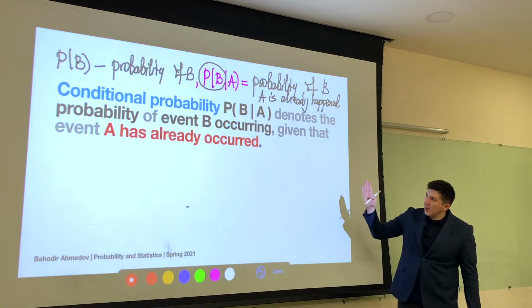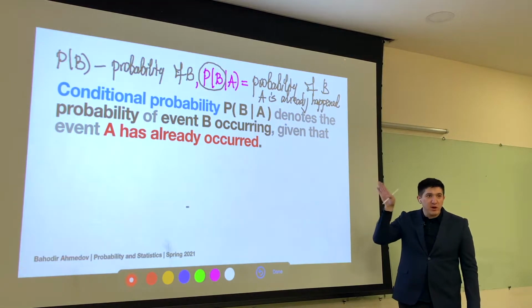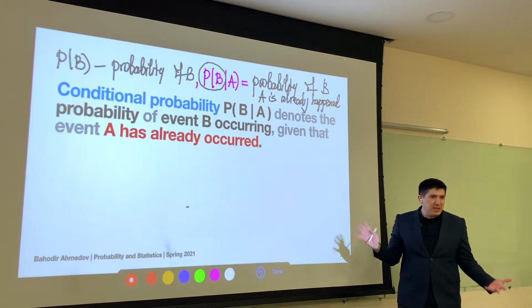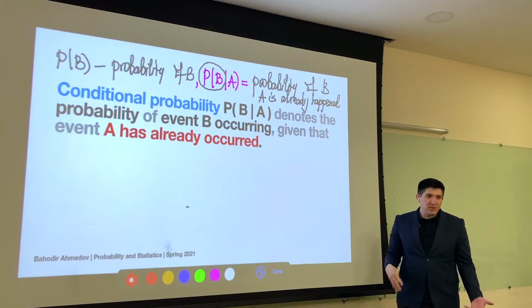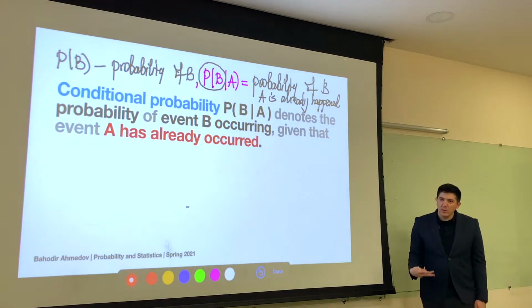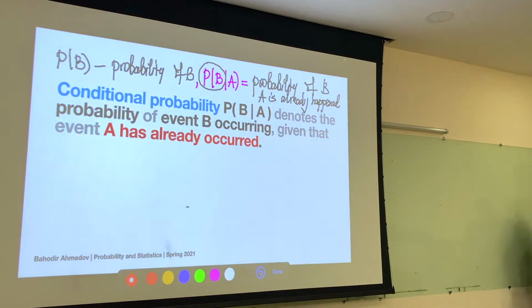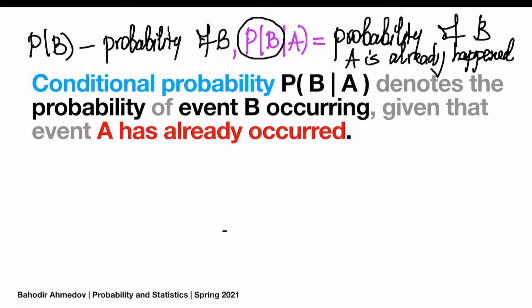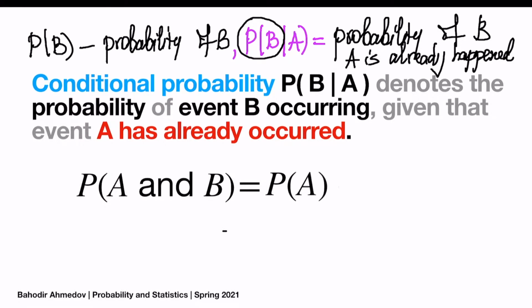Every time you're evaluating the probability of the first letter just after the P, sometimes you might be given some additional information, sometimes not. Depending on whether this is given, we are going to evaluate the probability differently. So now, if you would like to know the probability that A happened in the first trial, then B happened in the second trial, the most logical way would be to evaluate it this way.